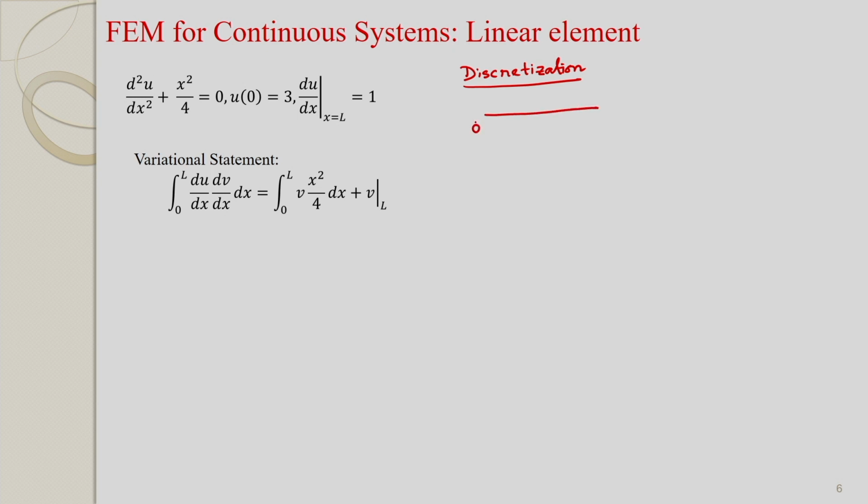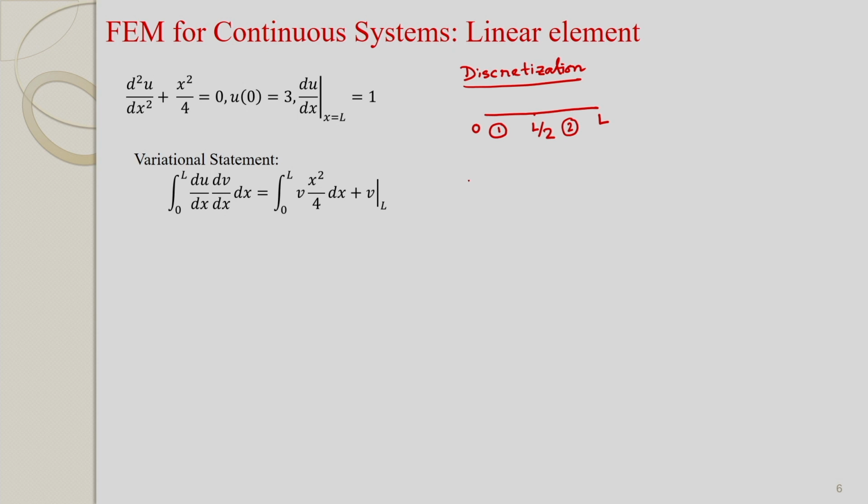So, our entire domain is from 0 to capital L. We take one element up to L by 2. So, this is our element 1 and this is our element 2. Now, we will derive elemental equation from the variational statement.